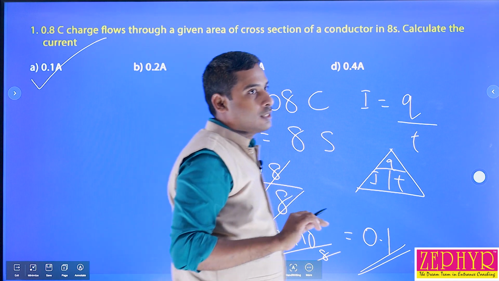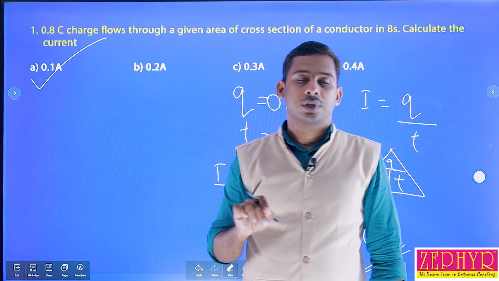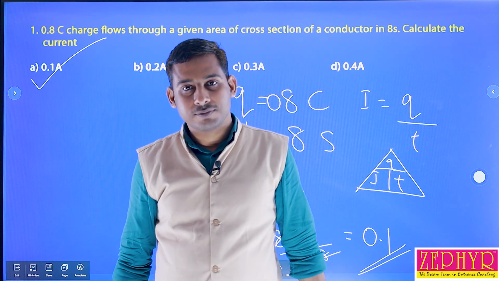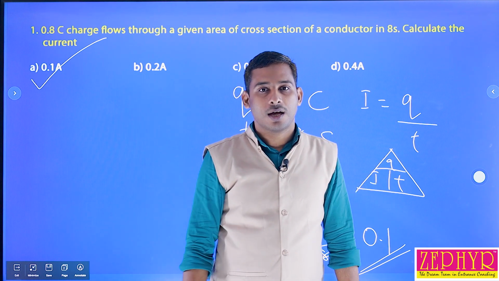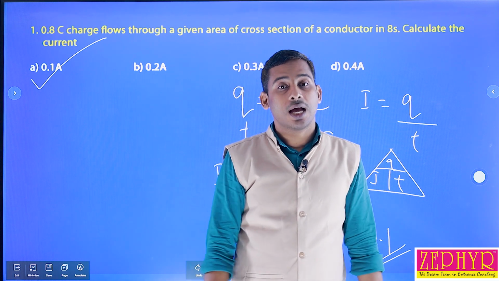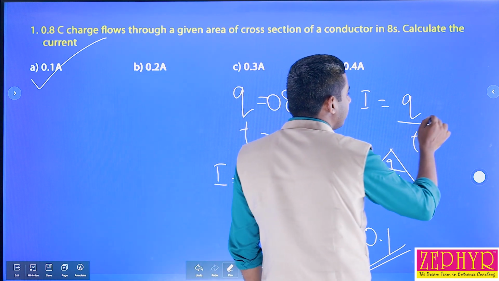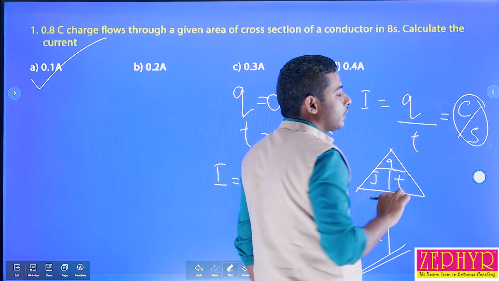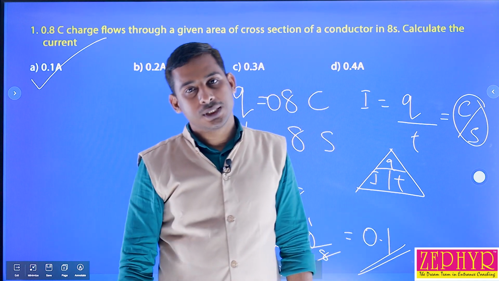So keep in mind, the current is Q by T. Q is the charge, unit is coulomb, T is the time, unit is seconds, I is the current, the unit is ampere, or we can say coulomb per second also. How can we say that? Q is coulomb, time is seconds, so the unit of current is ampere or coulomb per second.